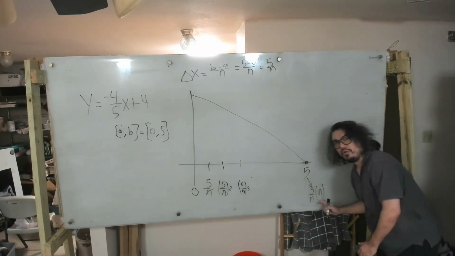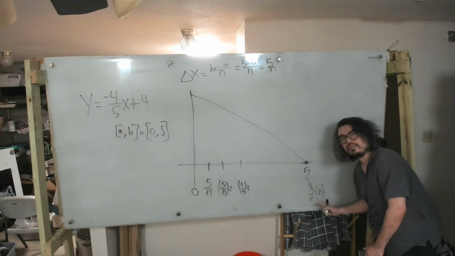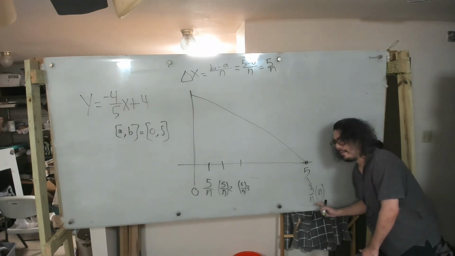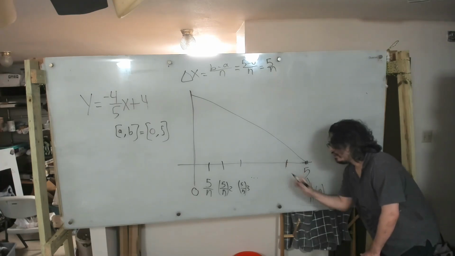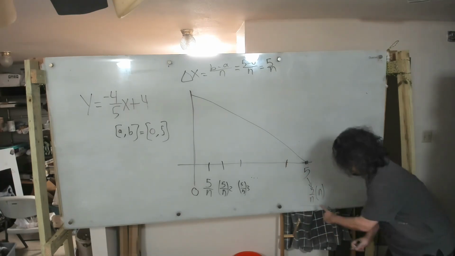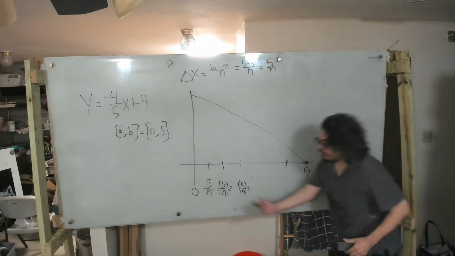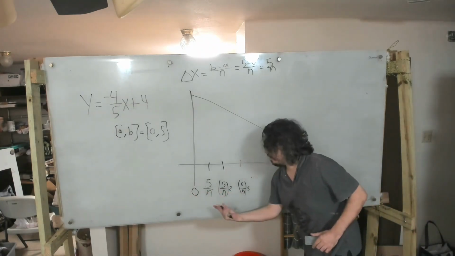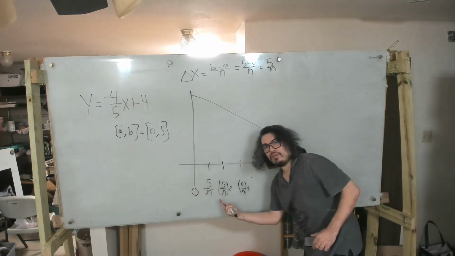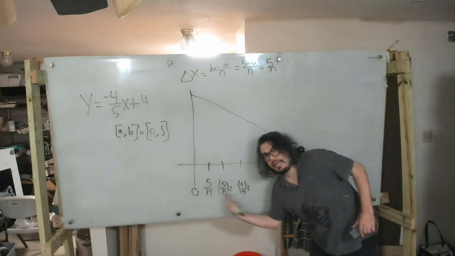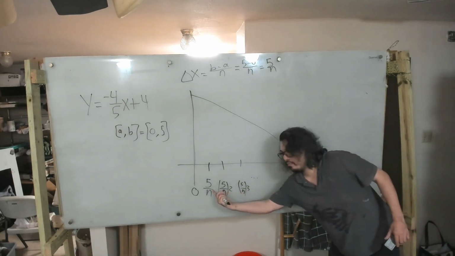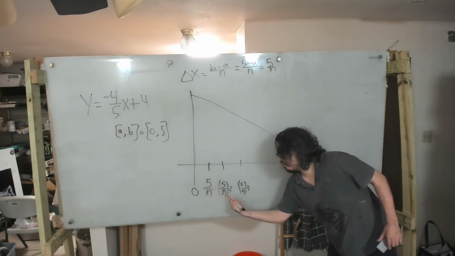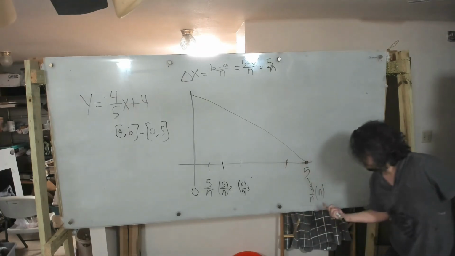And the reason why I really wanted to show this to you here, first of all, I wanted to remind us how we can think about that, but also because I want to know the penultimate point. If this is 5, going from this direction, 0, 5 over n, 5 over n times 2, 5 over n times 3, if we're adding 5 over n, then from here, notice the one that would be here, 5 over n times 1, 5 over n times 2, 5 over n times 3.